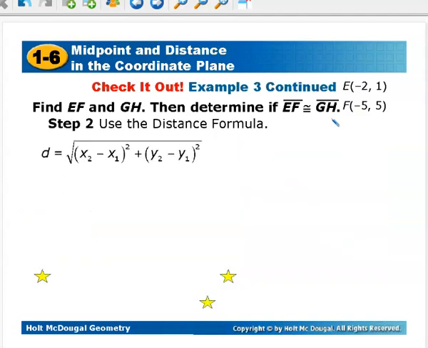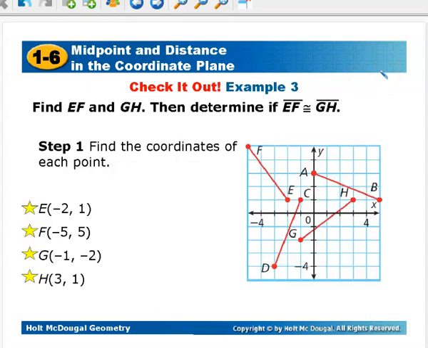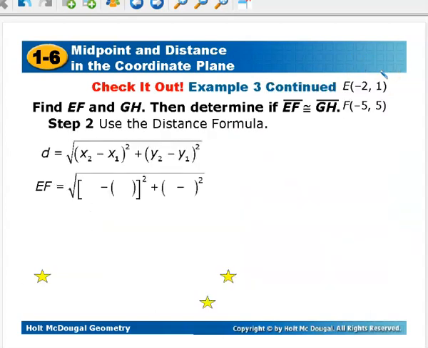Okay, so now we're back to using the distance formula, and I'm going to work with finding the length of EF first. So X values, Y values. Let's go the right direction here. So I'll substitute in my X and Y values into my distance formula. Then it's just a matter of simplifying.